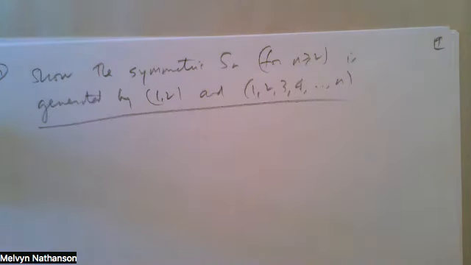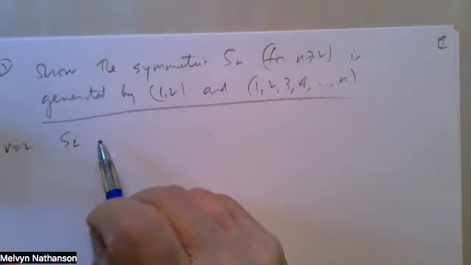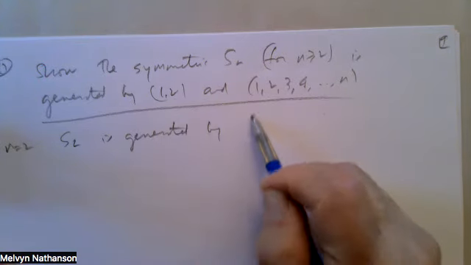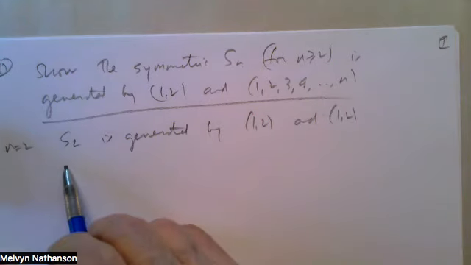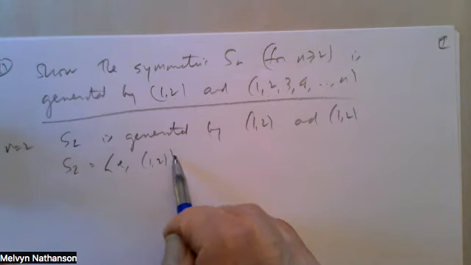And why is that? Of course, in the case n equals 2, this simply says S_2 is generated by (1 2) and (1 2), and S_2 is just the identity and (1 2), the transposition.